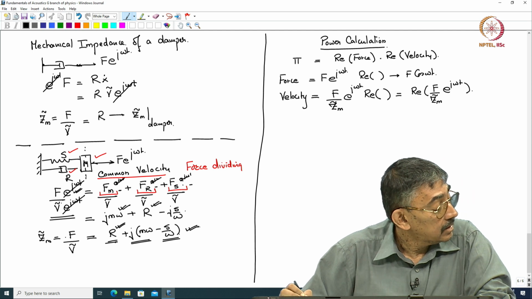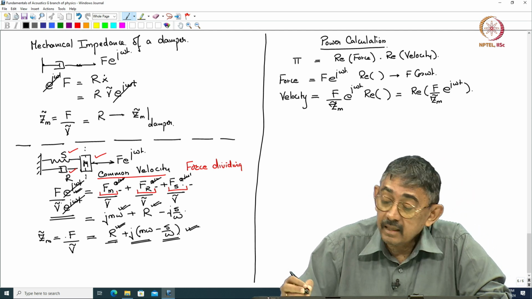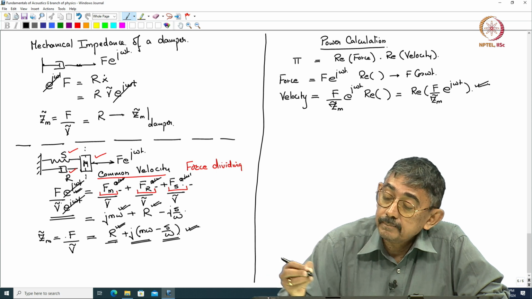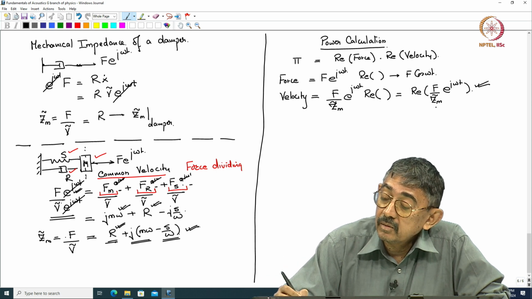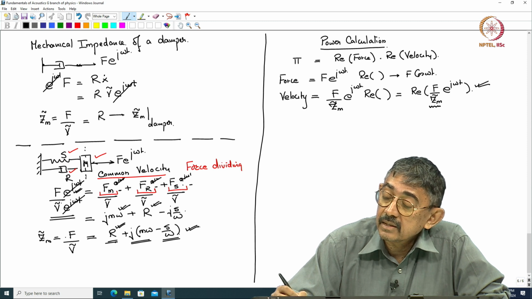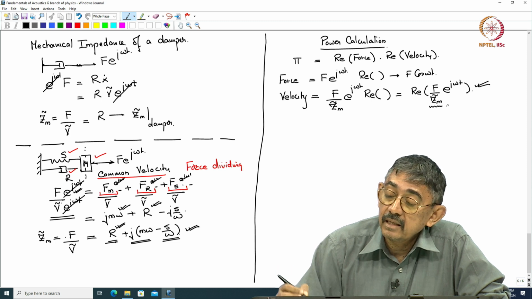So now we will have to deal with this. How do we simplify this? I am going to rationalize this entity, that means remove the complex constant in the denominator.